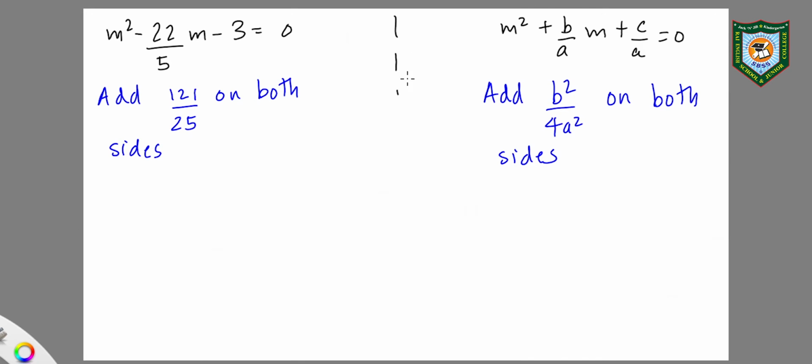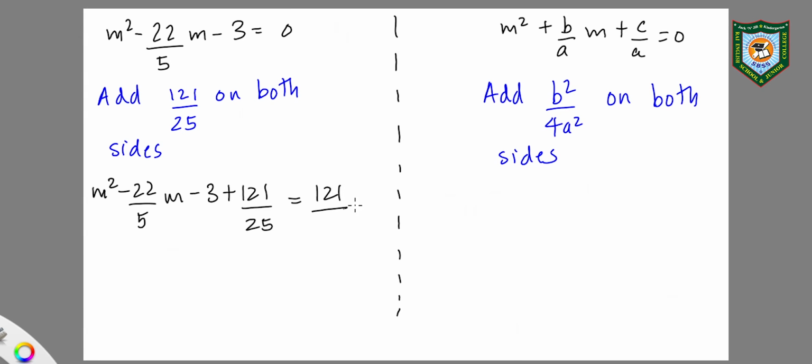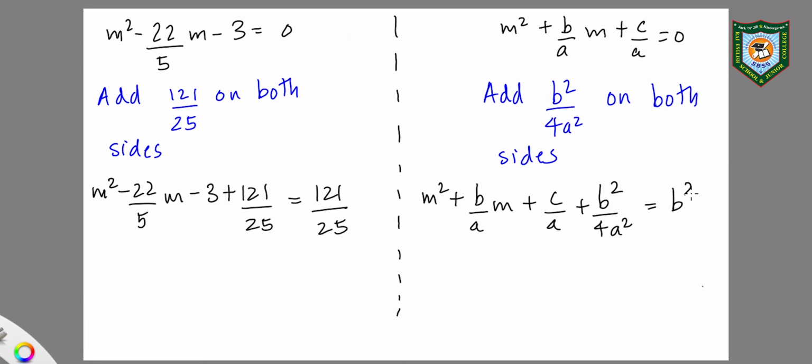Now once I get this, I have m square minus 22 by 5m minus 3 plus 121 by 25 is equal to 121 by 25 here. And here I'll have m square plus b by a m plus c by a plus b square by 4a square is equal to b square by 4a square.